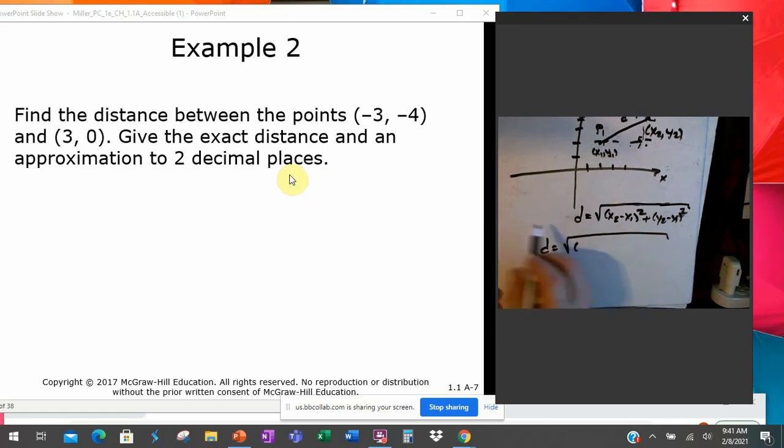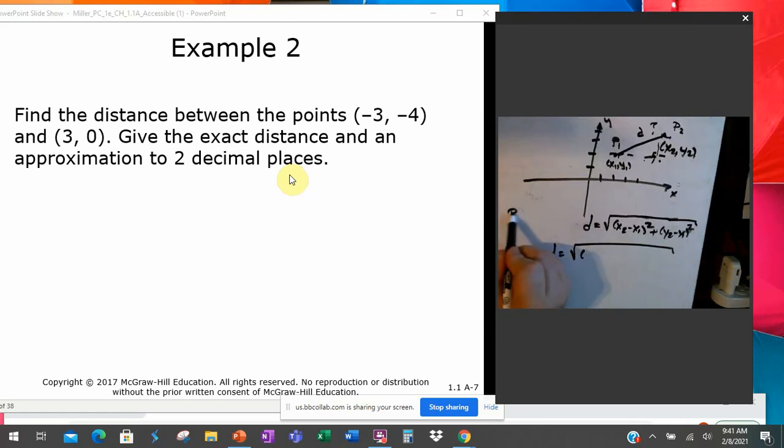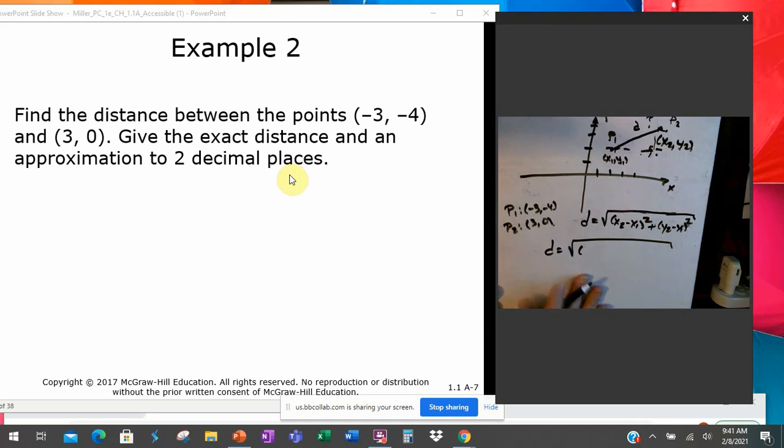So I would say, here is my P1. It has coordinates -3, -4. My P2 has coordinates 3 and 0. And then I would do just the formula. My x2 minus my x1 would be 3 minus -3, squared.